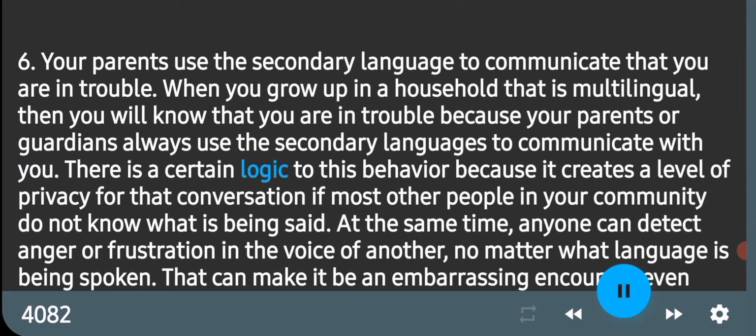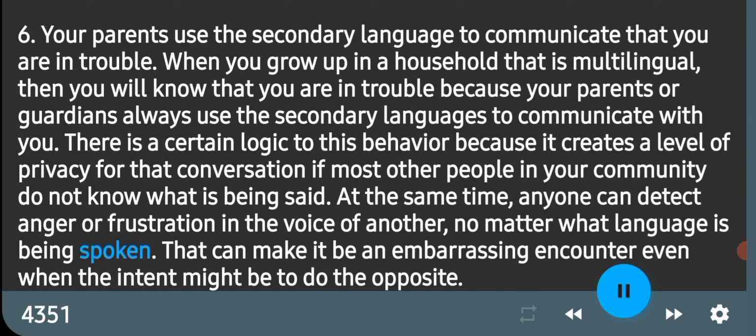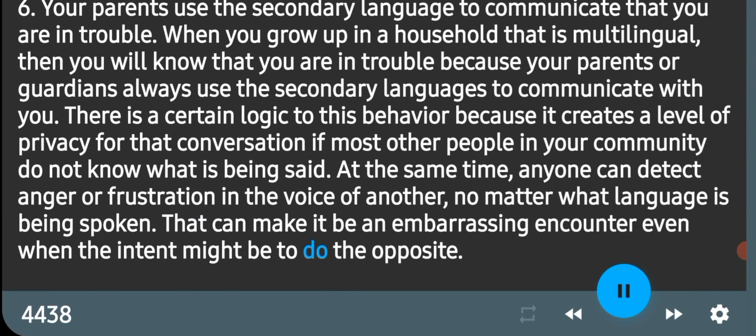There is a certain logic to this behavior because it creates a level of privacy for that conversation if most other people in your community do not know what is being said. At the same time, anyone can detect anger or frustration in the voice of another, no matter what language is being spoken. That can make it be an embarrassing encounter even when the intent might be to do the opposite.